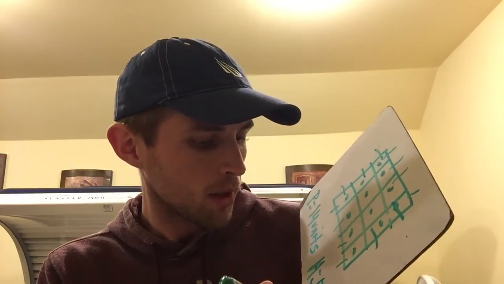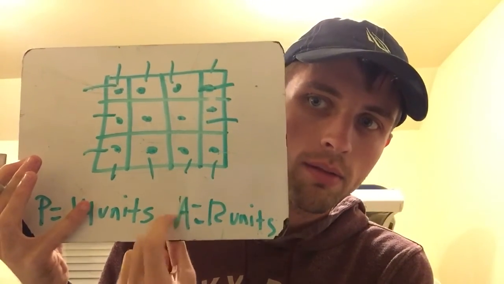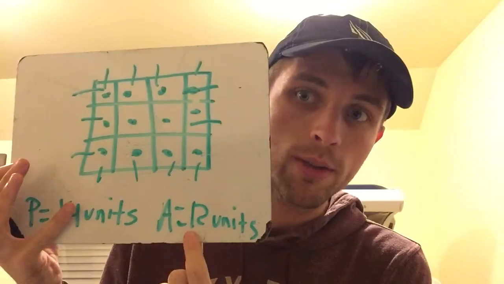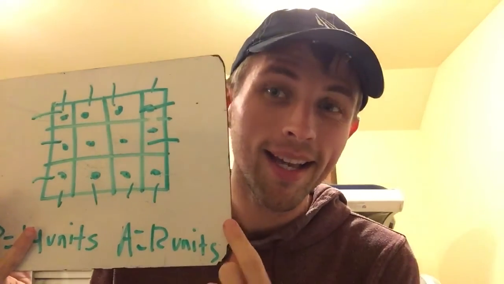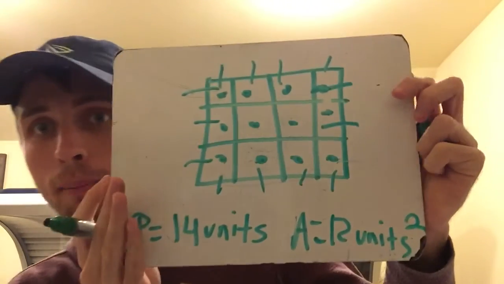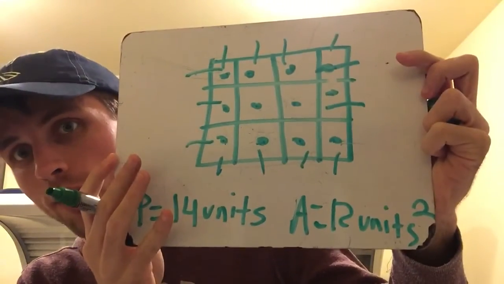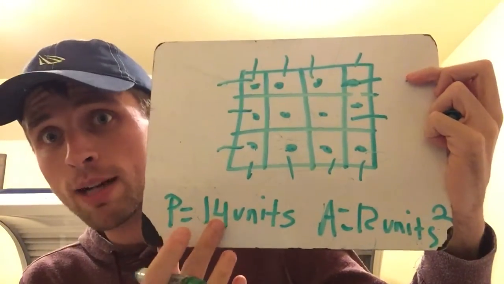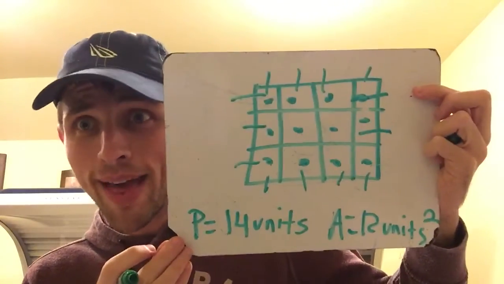And do you remember what we do to area? We say area equals 12 units, and then something goes up top. Do you remember what? A small 2, and that means squared. Area equals 12 units squared, right? Now remember, we don't do that to perimeter. We only square area. So you remember how to do that, right? Okay.